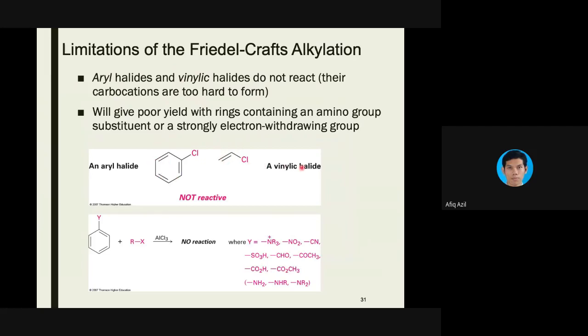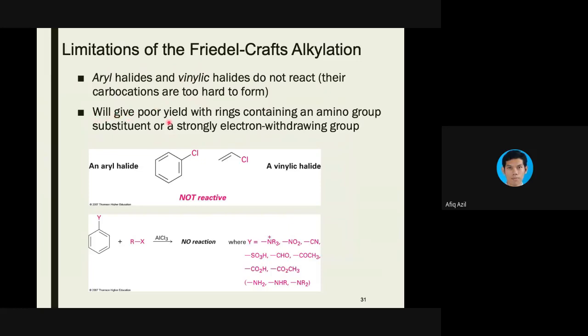The same goes for this vinylic halide. This is a double bond, and so it doesn't normally form a carbocation. So your alkyl halide must not be an aryl or vinylic halide. You can use other types of alkyl halide structures except these two, because they are not reactive.